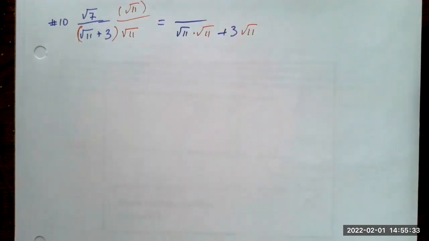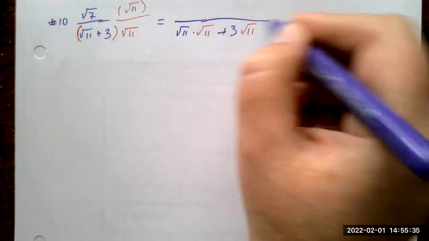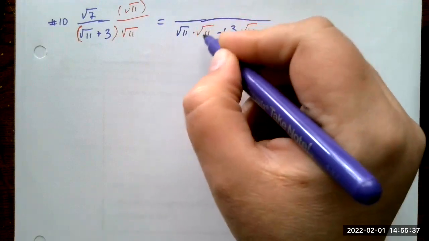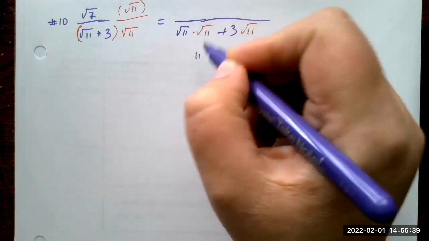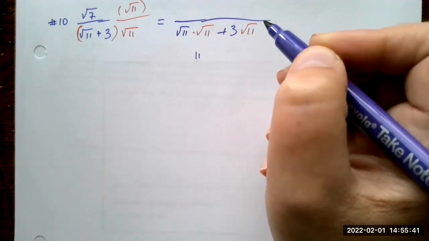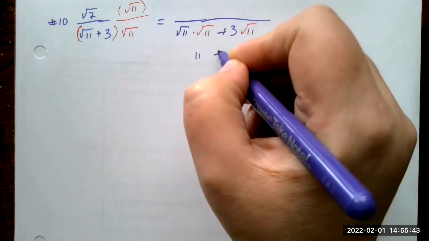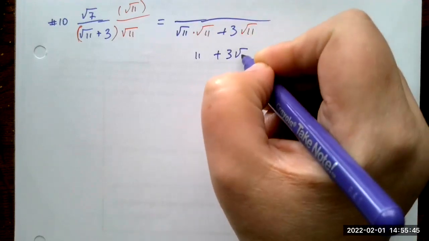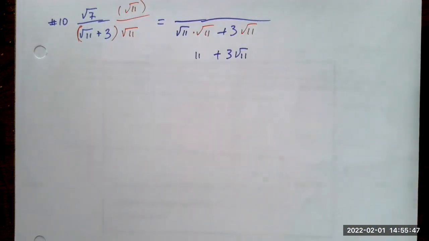So what I did essentially, I got rid of the square root here. That's going to be just square root of 11 squared, which is just 11. But I picked up the root of 11 in my second term in the denominator. So I didn't get rid of it at all.